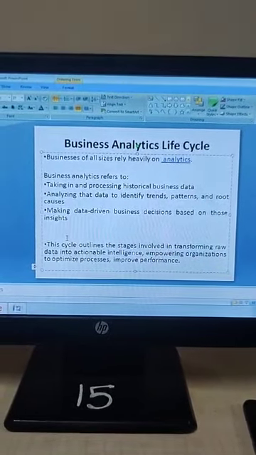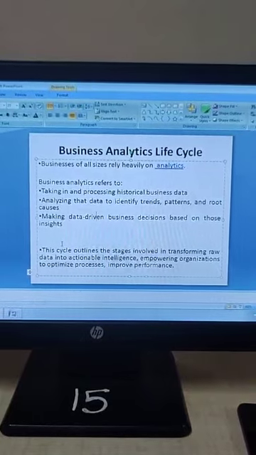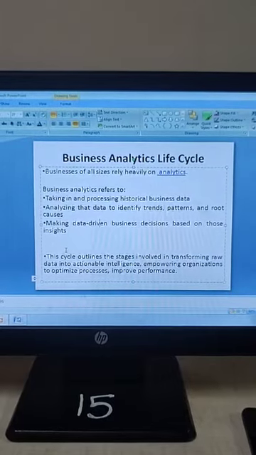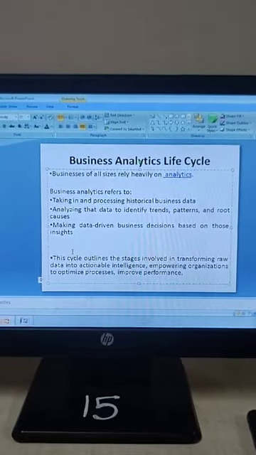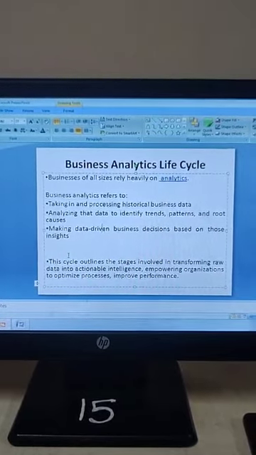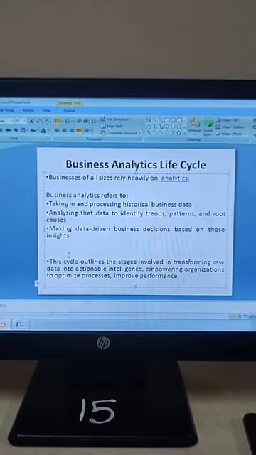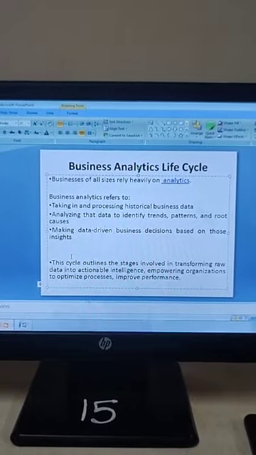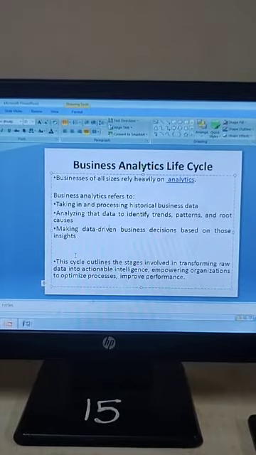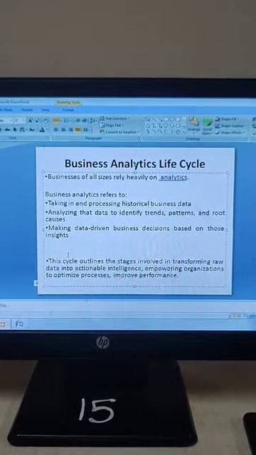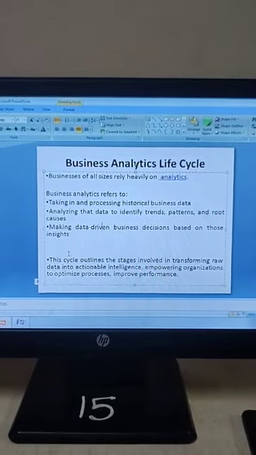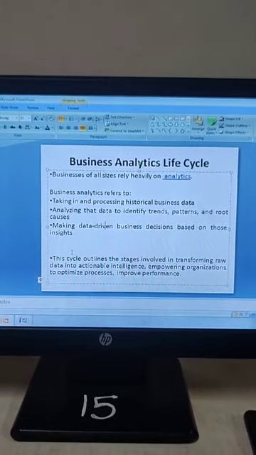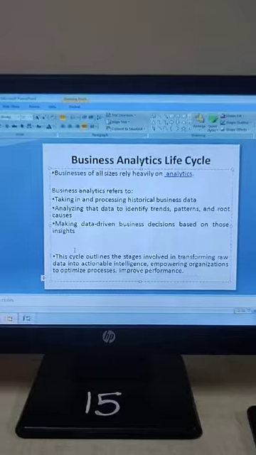Next, business analytics versus data science. You all know what business analytics is. It extracts meaningful insights from data to make decisions, whereas data science turns raw data into meaningful conclusions using algorithms or statistical methods.